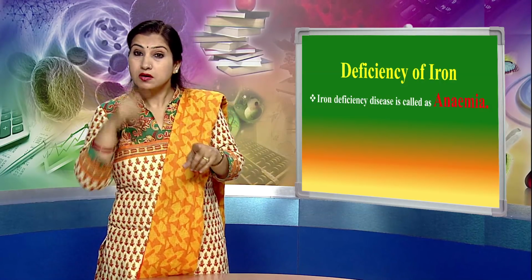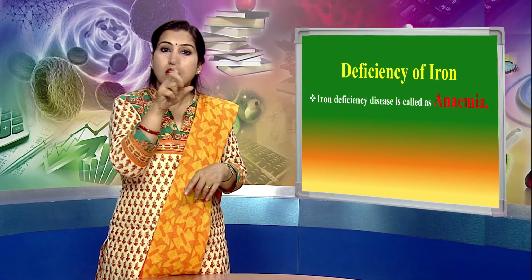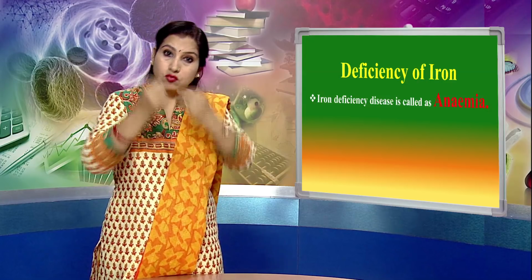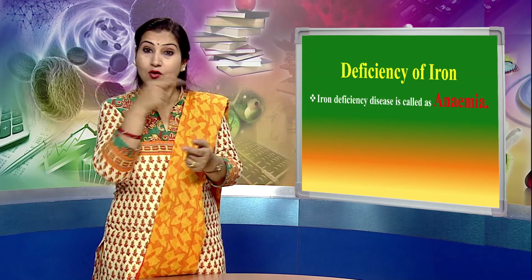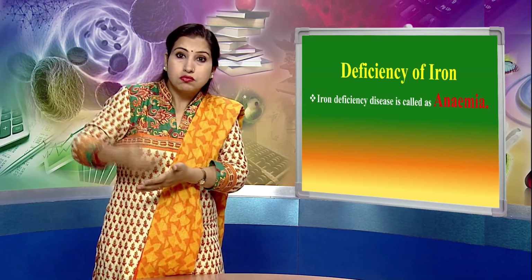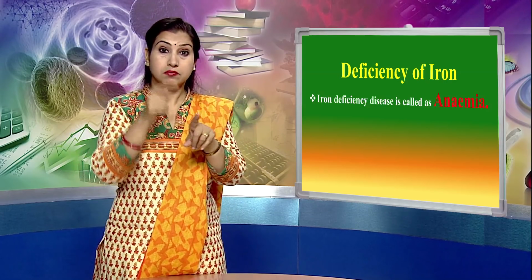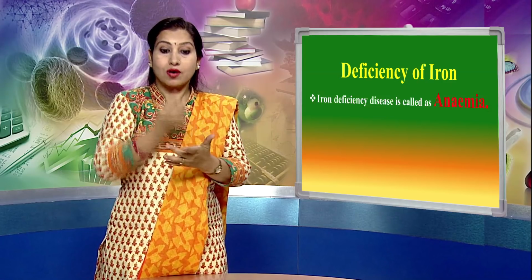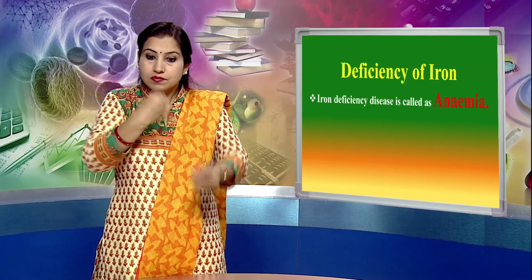Young girls of 12 to 18 years need more iron-rich food in their diet because of menstrual loss of iron. Pregnancy demands extra iron for healthy development and growth of the fetus.